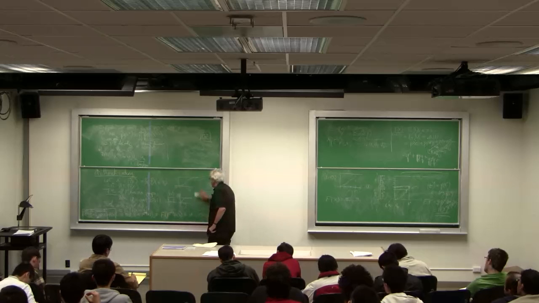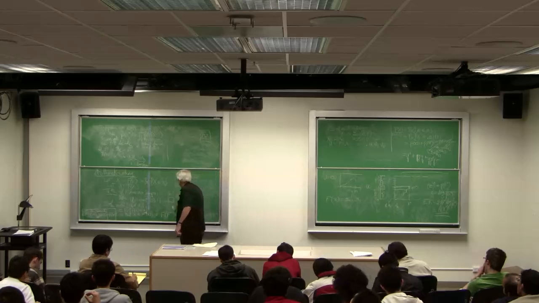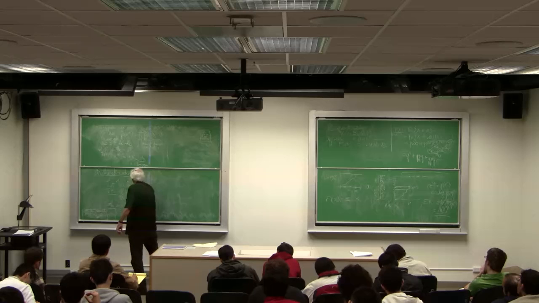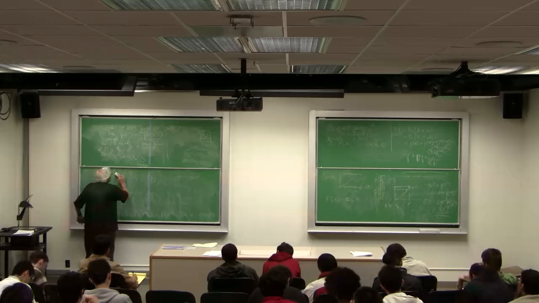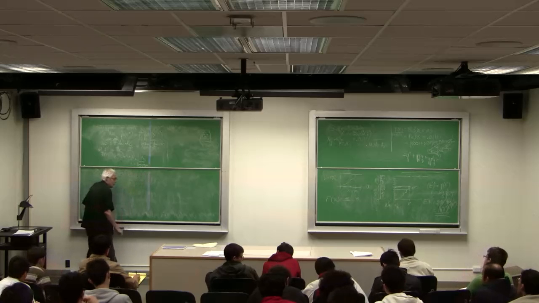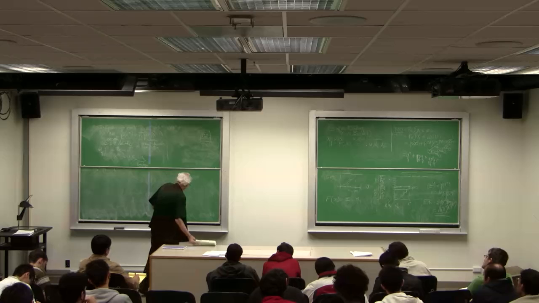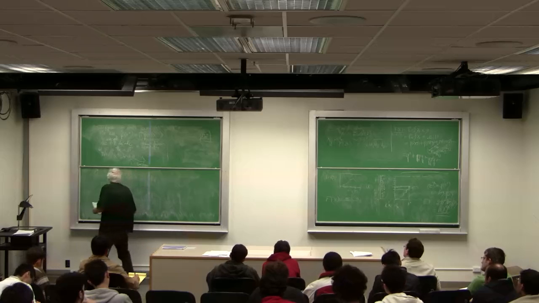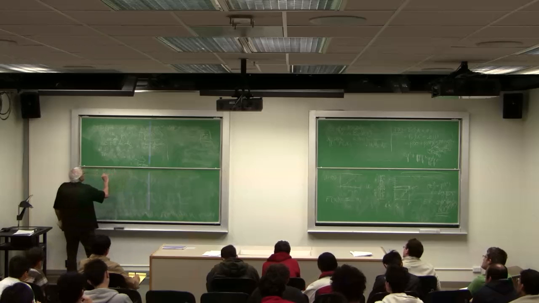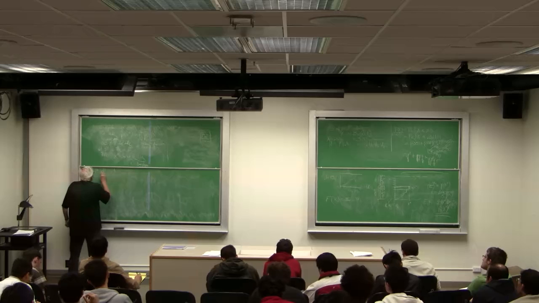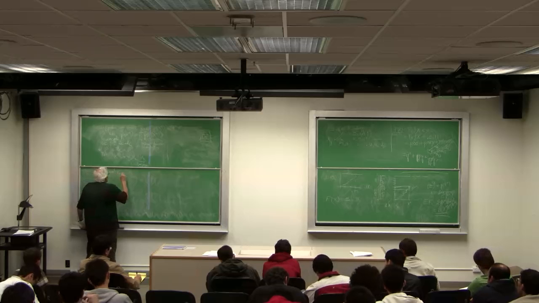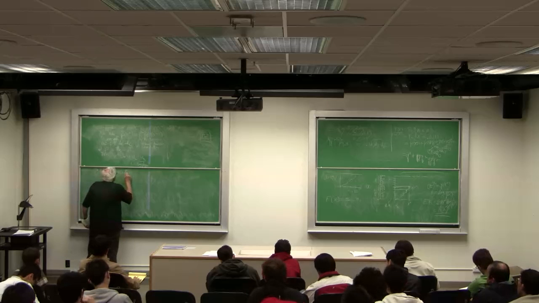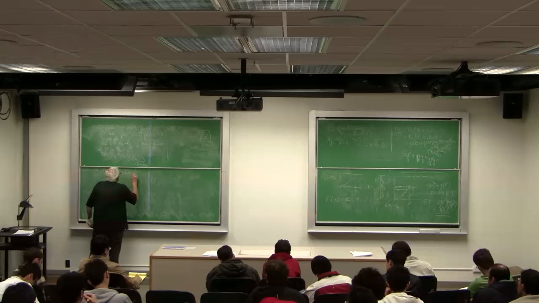Because we're using p hat as our compression and decompression scheme, n bits goes to k bits, which is roughly log 1 over p hat of x^n. So it's random, k is random.